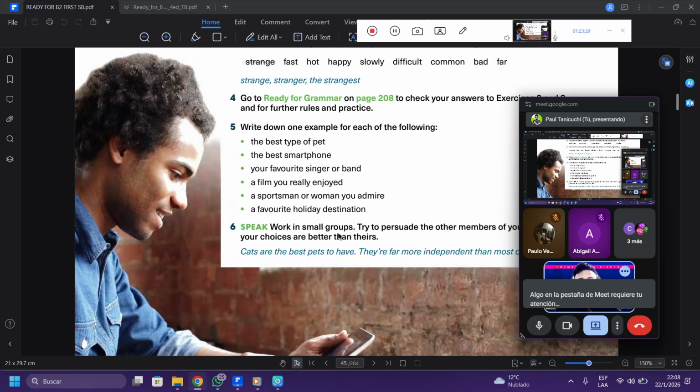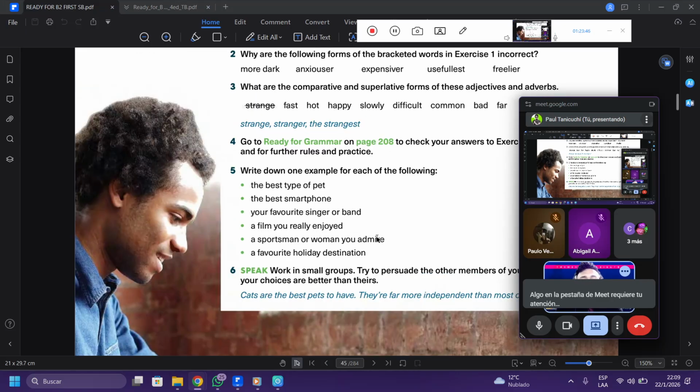Okay. As a homework, I'm gonna send you to write down an example for each of the following situations, but you have to try to use comparatives and superlatives, and if possible, all of the comparison phrases that we learned today. Okay? The first one is the best type of pet.